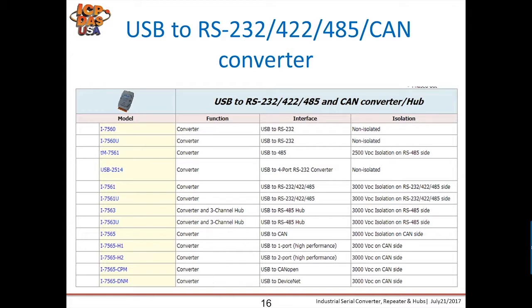Nowadays, most computers don't come with serial port like DB9 or RS-232 ports, so we offer USB to RS-232, 422, 485, and CAN converter in order to communicate with serial device.